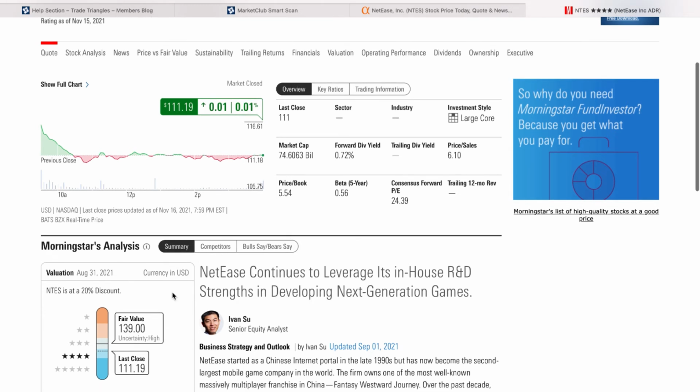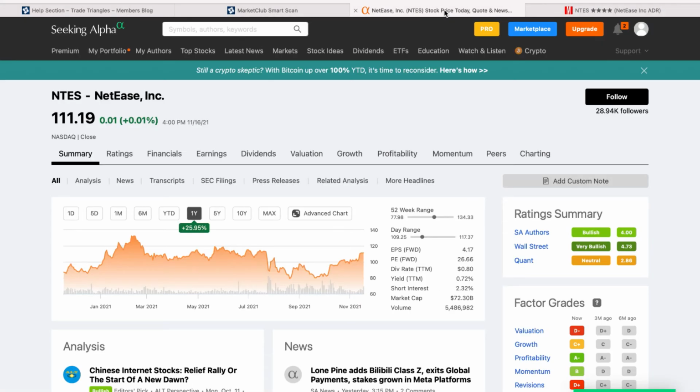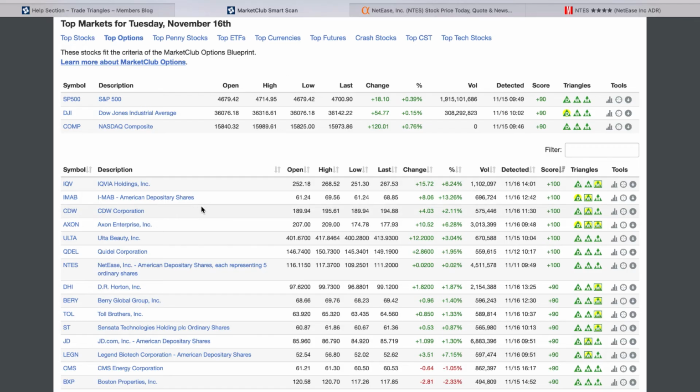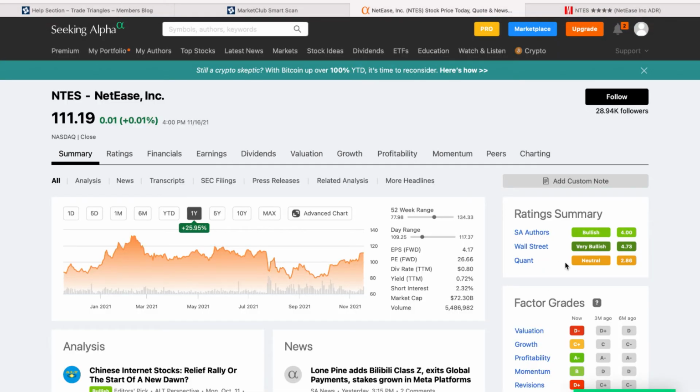Fair value 139, the last close 111. So this is trading at a 20% discount. Very bullish, but it does not have a very good quant rating here. I might just put it in. But this quant is of concern to me.